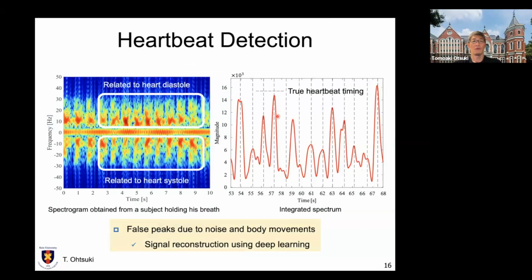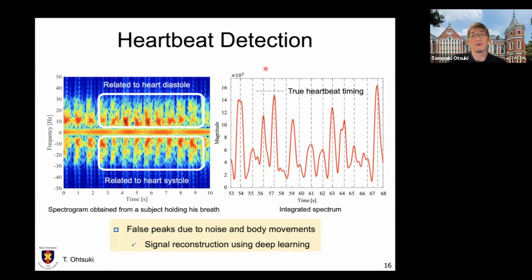Okay, so this is one example of heartbeat detection based on the spectrogram. The left one is a spectrogram obtained by the CW radar, when the person holds his breath. So you can see some periodical energy, and based on this, this red line represents the integrated energy over some frequency band.